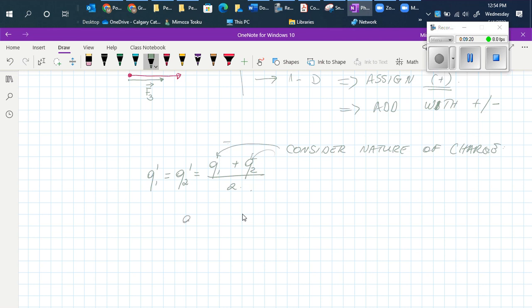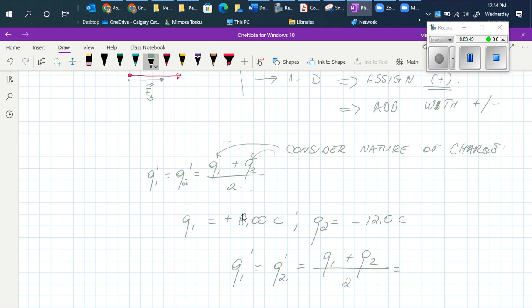So if the original charge 1 is, let's suppose, positive 8.0 coulombs and charge 2 is negative 12.0 coulombs, and they are in contact with each other, then the new charge, Q1 prime equal to Q2 prime, will be (Q1 plus Q2) over 2.